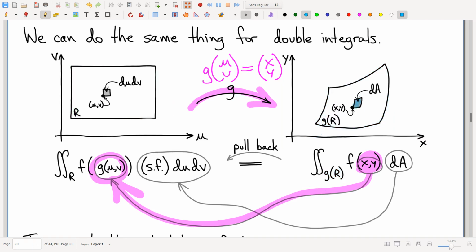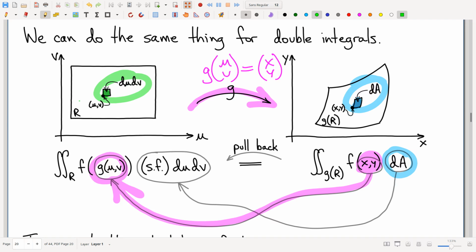This little area right here, dA, how much area is that? In particular, how does that relate to this little piece of area, du dv? What's the relationship between the blue area and the green area? And again, I claim there's going to be some sort of a stretching factor.